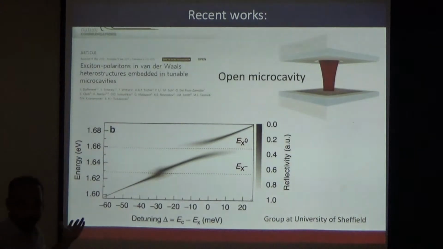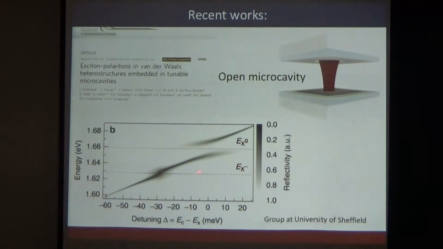I forgot to put those plots here, which would show that they are not really labeled as repulsion at this point. One of these groups also had tried to fit these couplings with the three coupled oscillator model without including this electron interaction effect. They could not fit this data with three bosonic coupled oscillators.